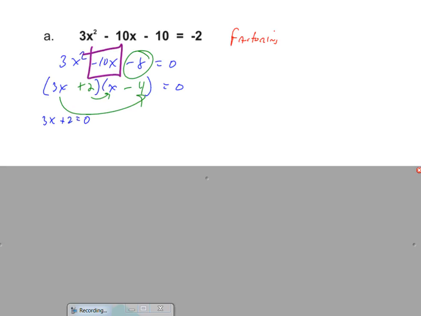So move the 2 and move the 3, and you get x = -2/3, right? And then the second equation is real easy. You move the -4 to the other side, you get x = 4, and those are the two solutions. And that wasn't too bad. Solve by factoring.